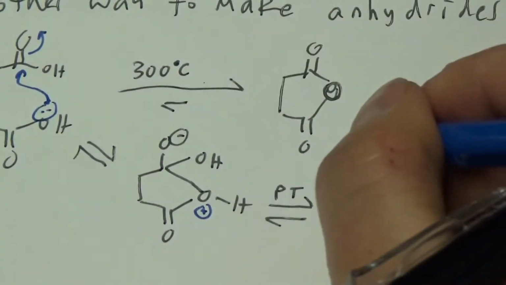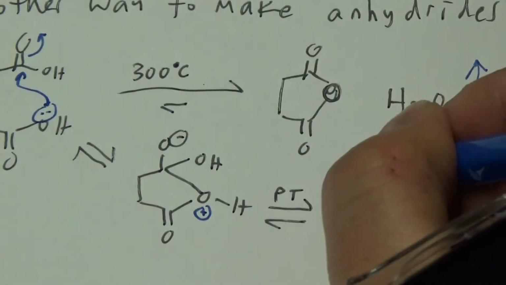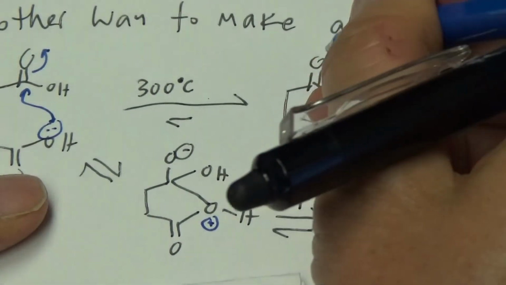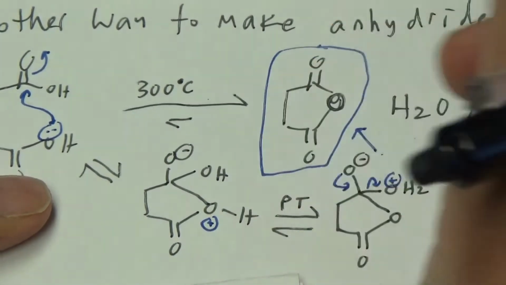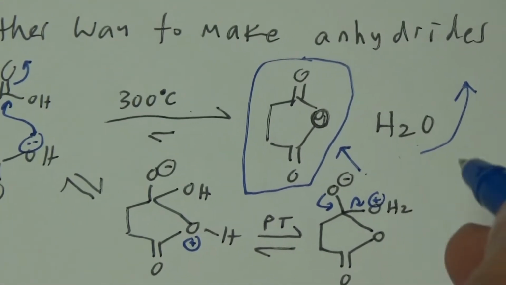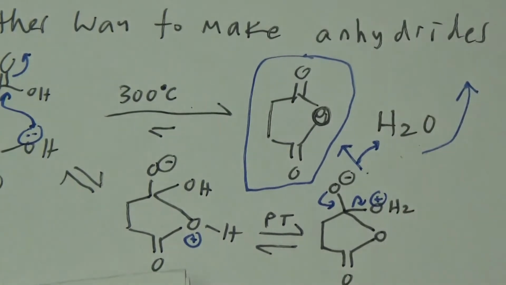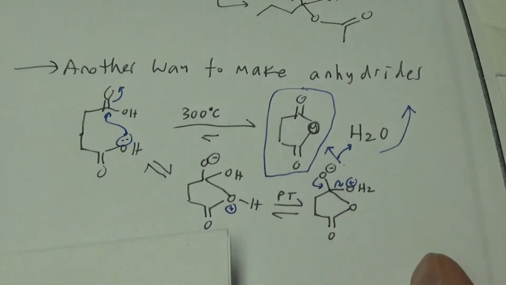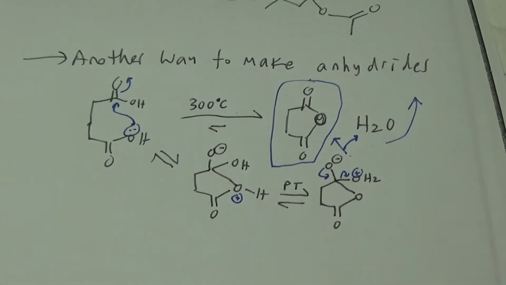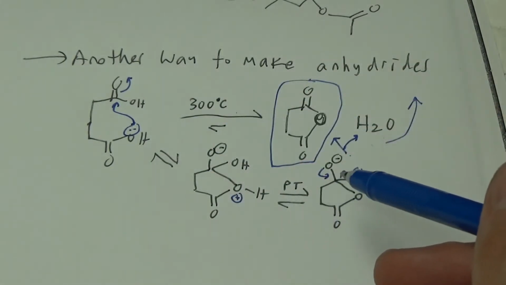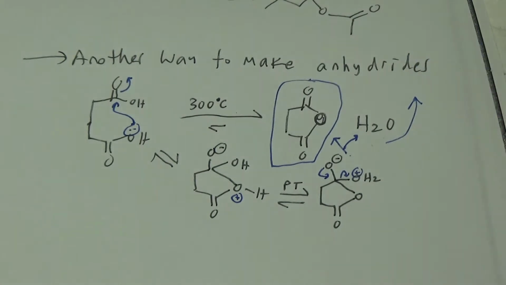And then this can kick it off. And now the water's gone, and you made the product. So this is basically irreversible, right? Because once water leaves, it's going to be a gas, and it's not coming back, right? So that's how you can make anhydrides this way, just by cooking carboxylic acids at super high temperatures. All right.